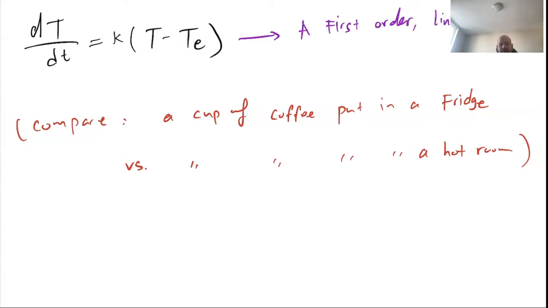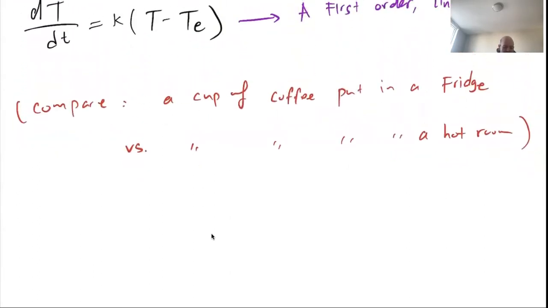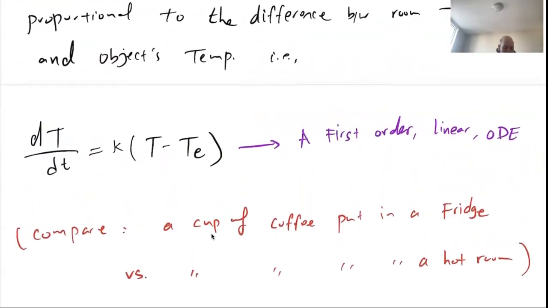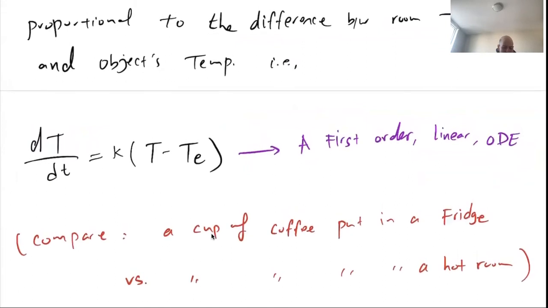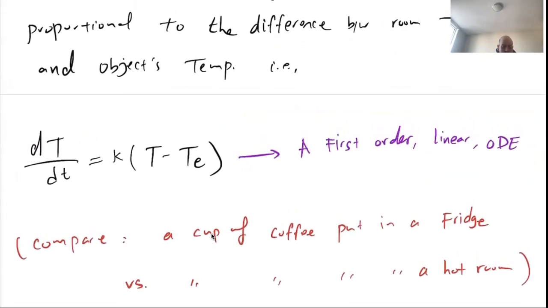There is no power 2 appearing, for example, or no square root appearing. So I gave you 2 examples of first order ODEs appearing in physics and in population models.